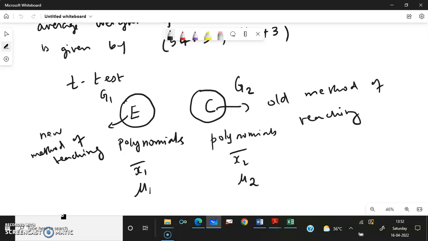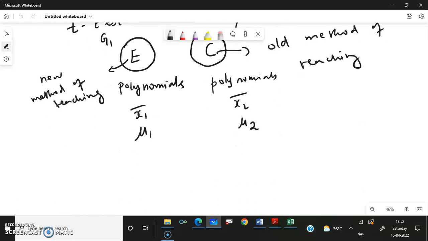So the hypothesis is framed on the population mean only. Okay, because we are going to estimate about the population mean. x1 and x2 are estimators, and ultimately we are going to estimate the population mean. What is the population mean? That is what we are going to find.